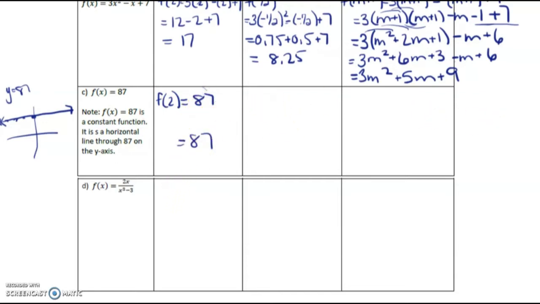What is f at negative a half? Yes, it's also 87. And then f at m plus 1, it's going to be 87 as well, so it's going to stay as that constant.